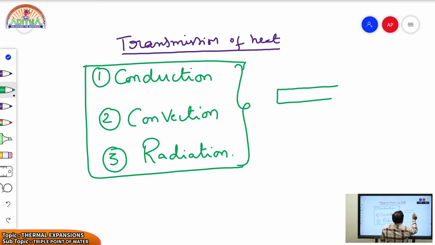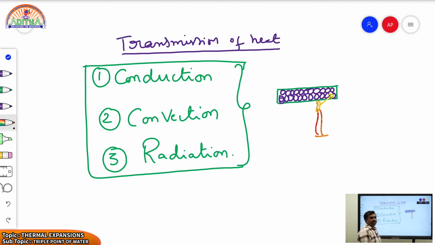The best example for conduction, take a metal rod like this. This metal rod consists of molecules like this, groups of atoms called molecules. Now, when this rod is heated, heat transfer will take place to the first set of molecules.